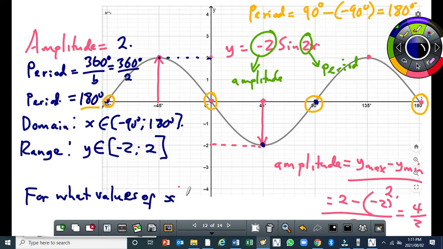So for what values of x will y be less than 0? For what values of x will this graph have negative values of y?